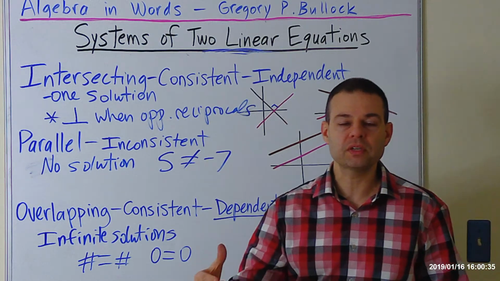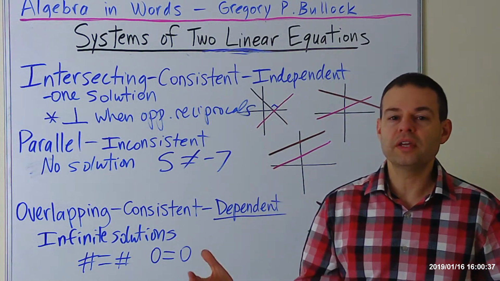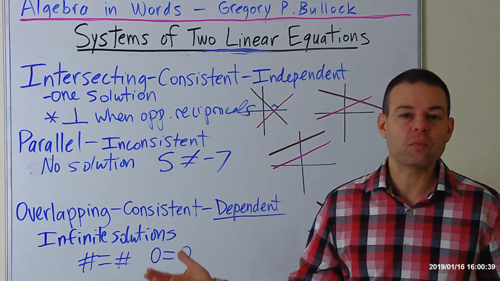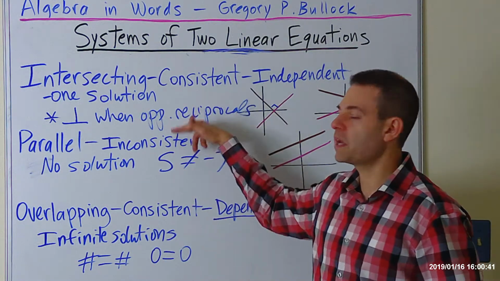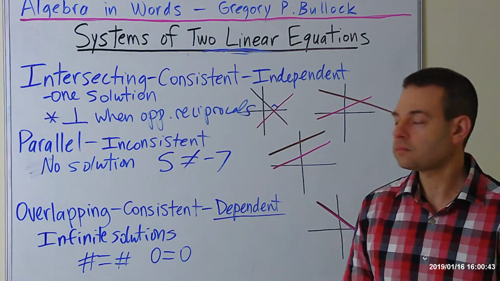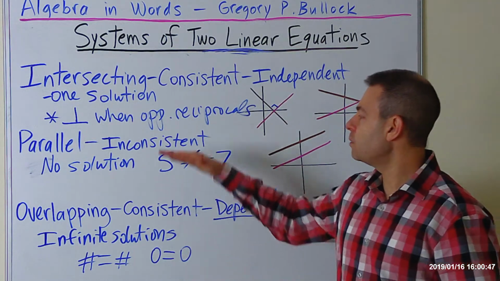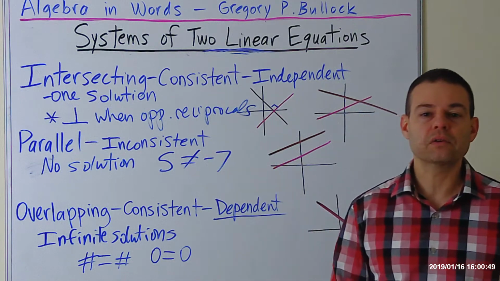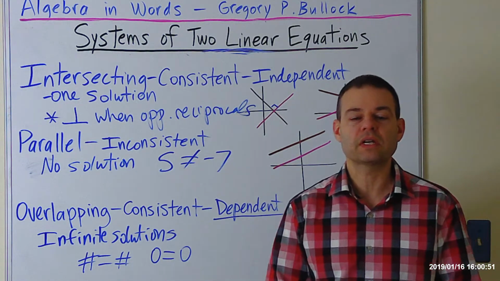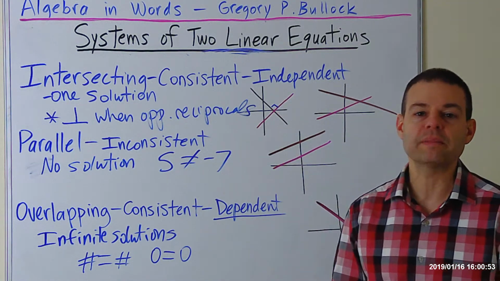Also, it means that they're intersecting and they have one solution. So this is just a subcategory of intersecting. That's pretty standard, but the next two categories are the ones that students are sometimes not as familiar with, so let's focus on them next.